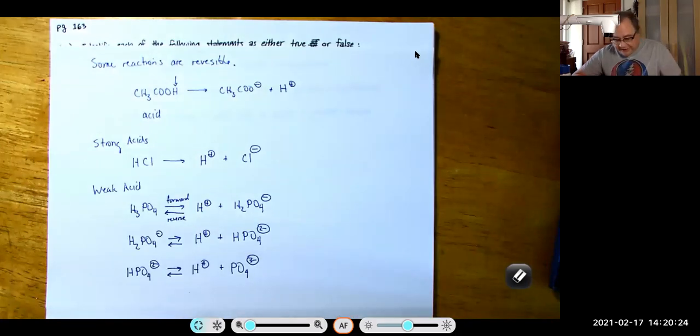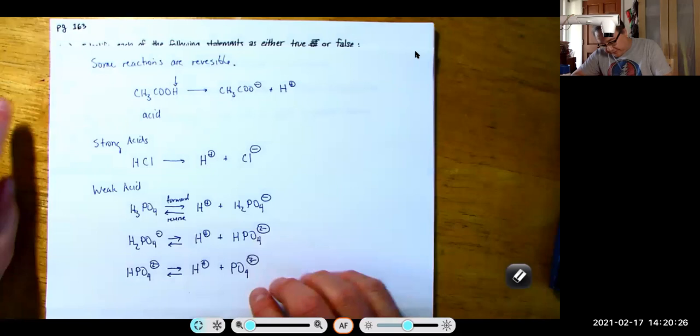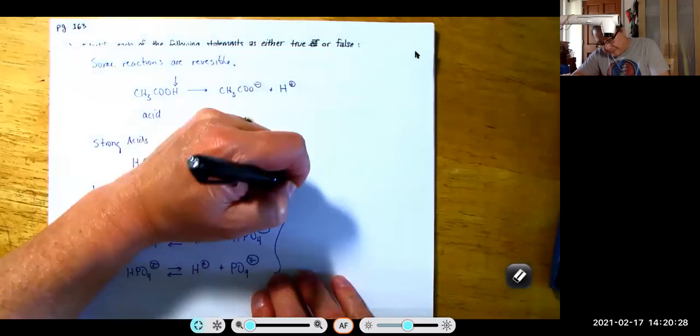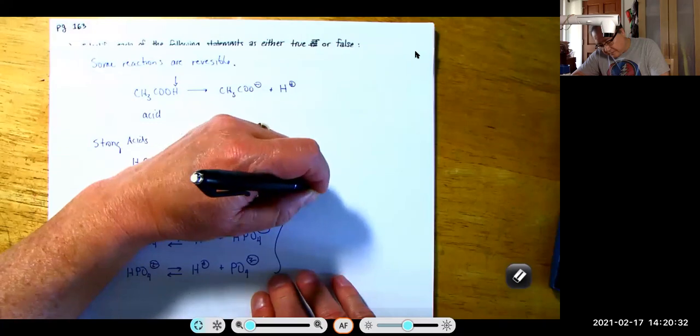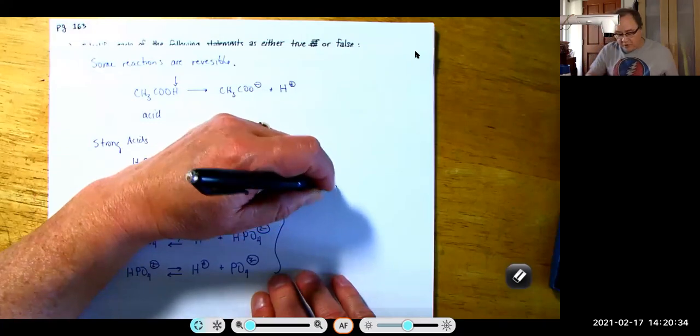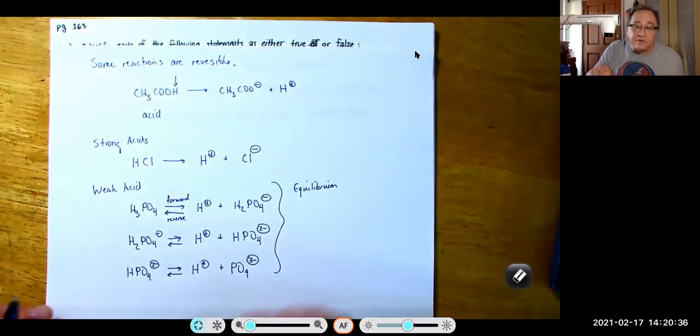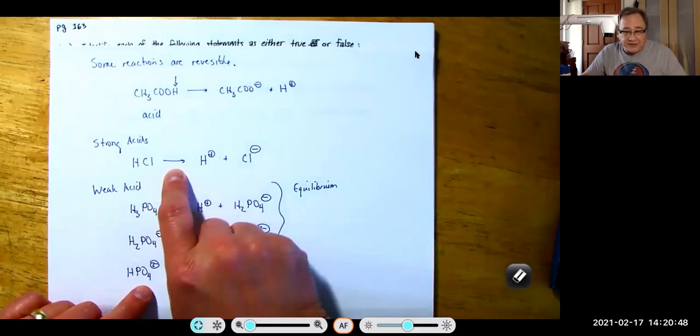So we call these equilibrium reactions, where you have a forward reaction and a reverse reaction. Okay. Here, there's only a forward reaction, so that's not an equilibrium reaction.